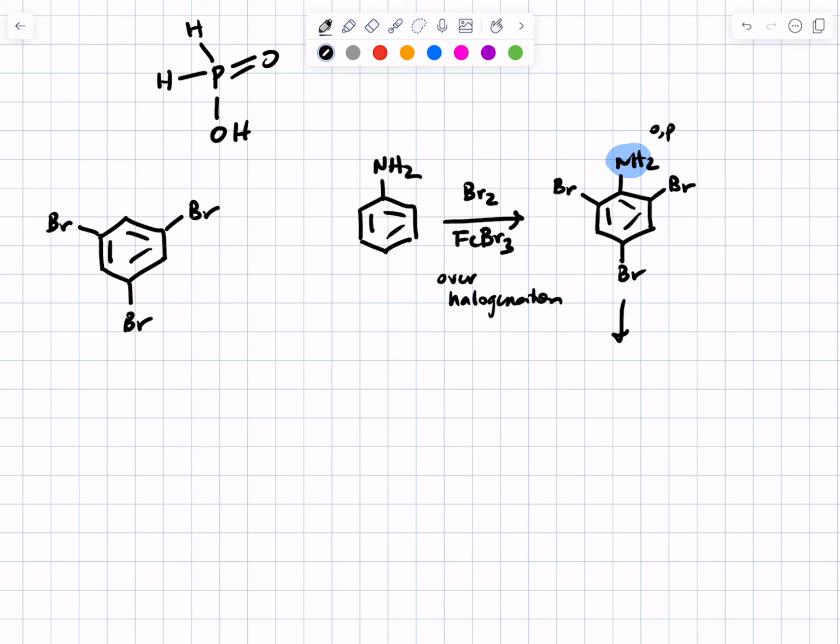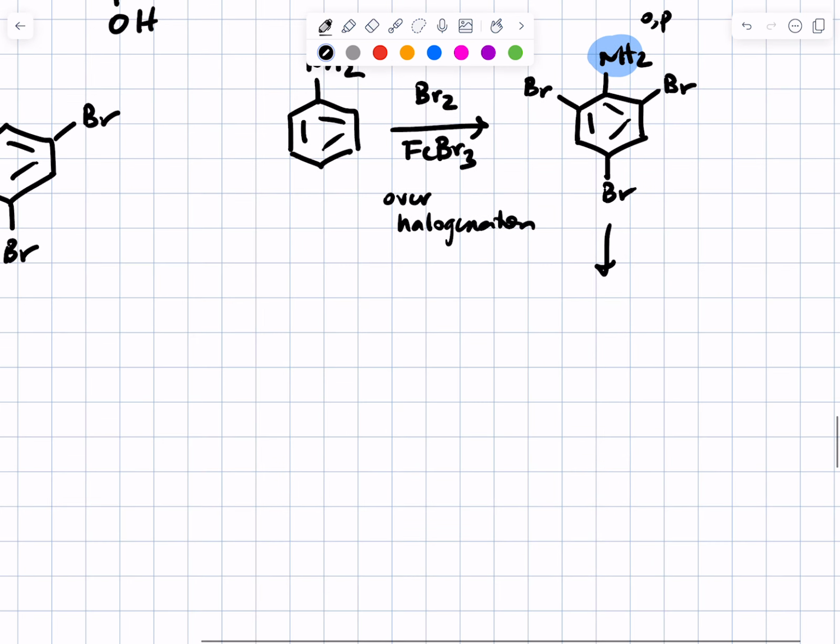This strategy of diazotization and reduction with hypophosphorus acid is going to remove the aniline directing group, and it's going to be traceless. It's going to look like it was never there to begin with. And the only evidence that it was ever there to begin with is the fact that the bromo groups are all meta to each other.